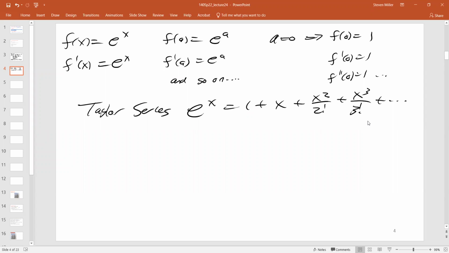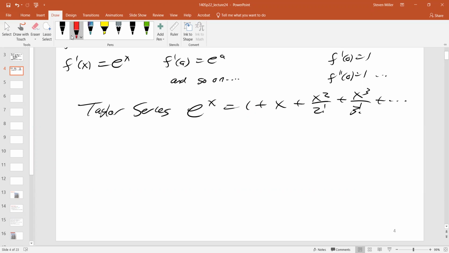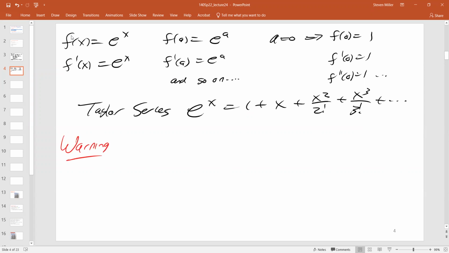And now we see why we spend so much time talking about when does a series converge. Because we want to figure out, well, does this series converge? And if so, does it converge to the function we care about? And remember, I will put it in red because this is a warning of how bad things can be.